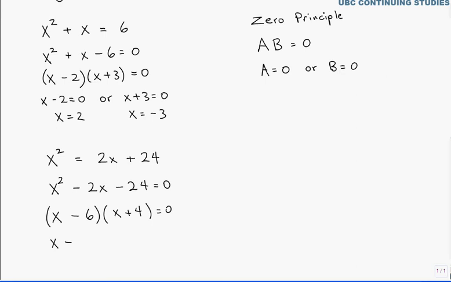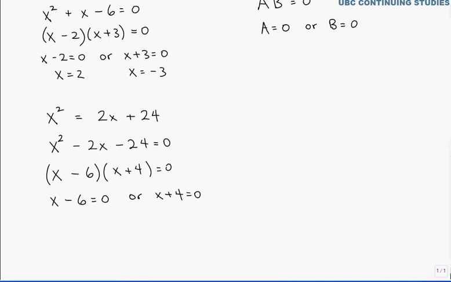And turn this now into two simple linear equations. The first factor is either equal to 0 or the second factor is equal to 0. And if x minus 6 is equal to 0, we can add 6 to both sides and get x equals 6. If x plus 4 is equal to 0, we can subtract 4 from both sides and get x equal to negative 4.